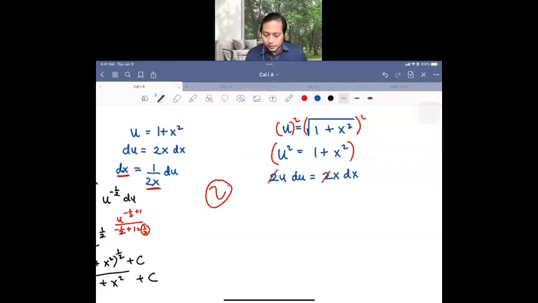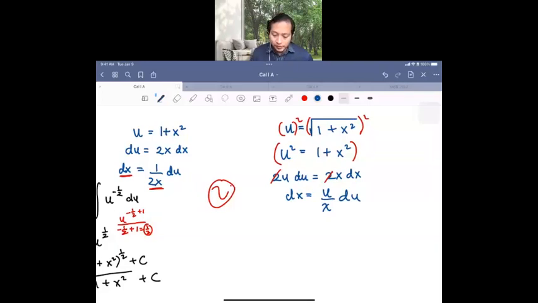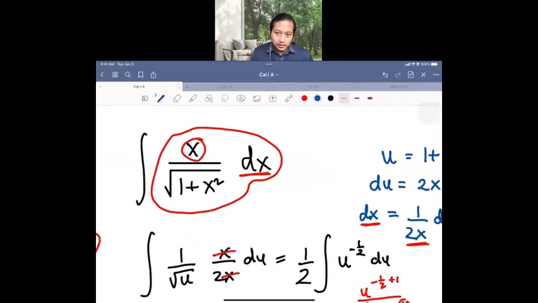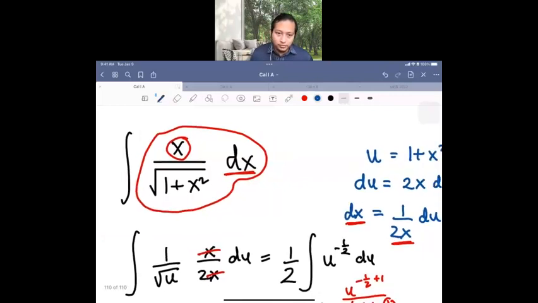We can cancel that part. So dx will be u over x du. I think this is correct. Still possible, because when we have u over x, we can cancel the x, right? And then all the variable x changes to variable u.